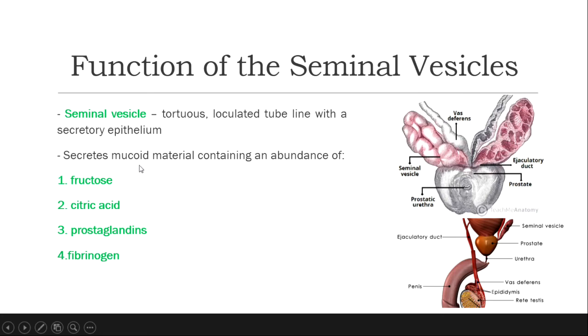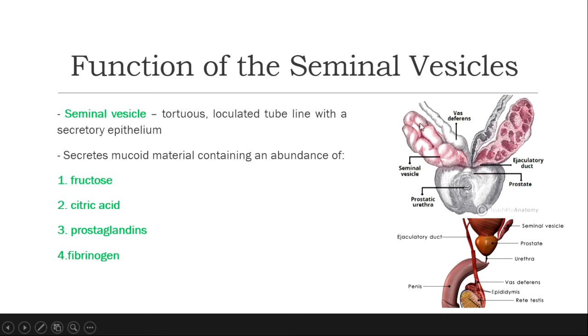So it secretes a mucoid material containing an abundance of fructose, citric acid, prostaglandin, fibrinogen. So sasabihin ko sa inyo mamaya yung mga role ng prostaglandin, fibrinogen, fructose sa sperm. Okay, nakakatulong kasi mga materials na to.